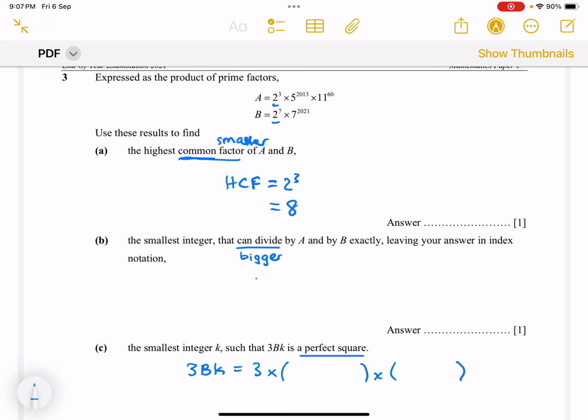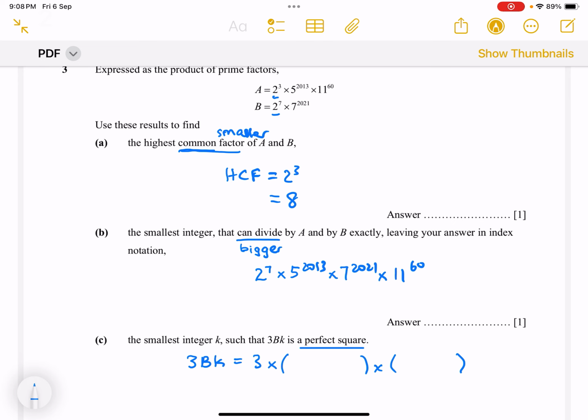So the bigger number will be 2 to the power of 7, and then it must have the factor 5 to the power of 2013, and it also must have this factor in order to divide. And finally, the last factor, which is 11 to the power of 60. So this is the final number that can divide by both a and b because it contains the factors belonging to both a and b.